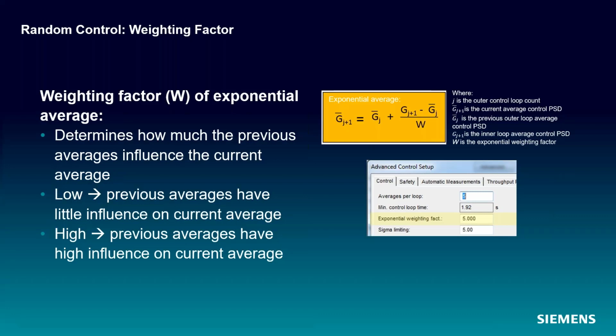So we start off at a low level, and as we increase it, the controller is going to adjust that drive signal based on nonlinearities and impacting and things that might be happening out on your test articles. You increase the force input. So this exponential averaging technique allows us to include previous averages in our current average so that we're not starting with a blank slate every time we do a control loop.